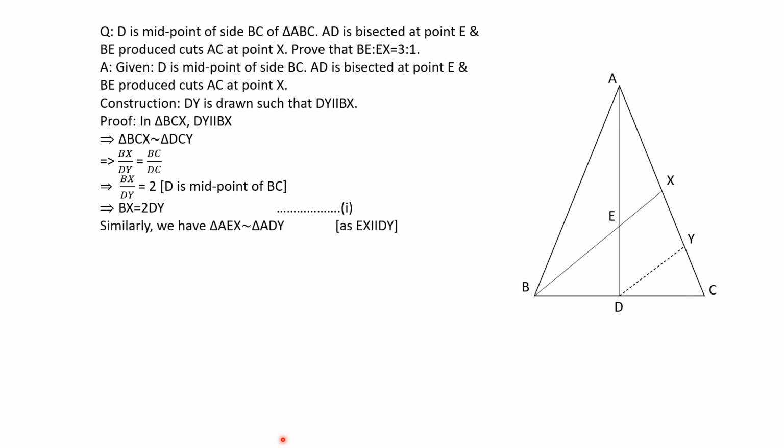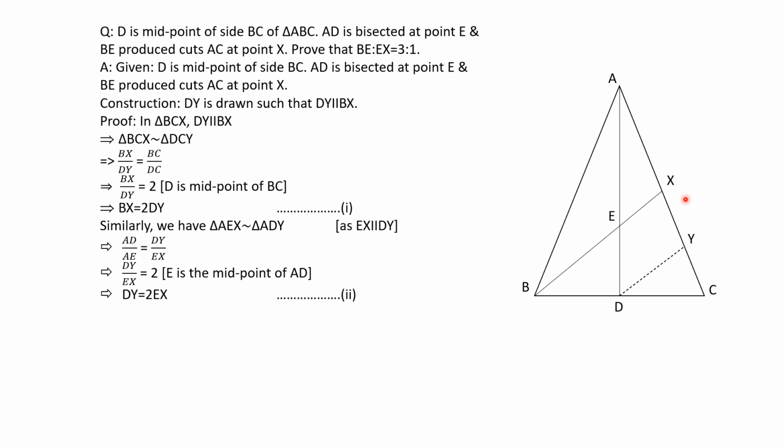Similarly, we have triangle AEX similar to triangle ADY, because we have drawn DY parallel to EX. Or we can write AD by AE equals DY by EX, which implies DY by EX equals 2, because E is the midpoint of AD.